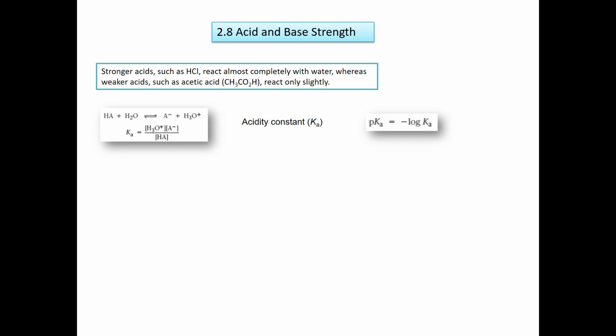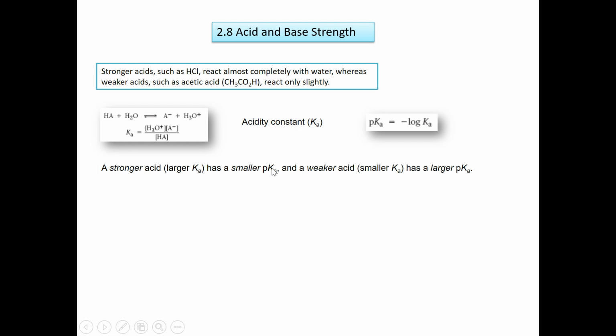The acidity constant is not widely used in chemistry; what we normally use is the pKa. And what is the pKa? It is basically the minus logarithm of the Ka, the acidity constant. That means the stronger an acid is, the more conversion we have, and the higher the Ka number, so the smaller the pKa will be.